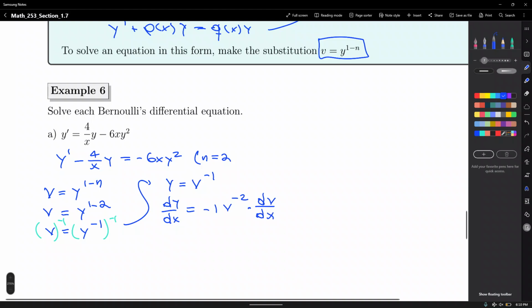So what do we do? Now let's do the substitution. For the substitutions, we're going to replace dy dx with what we just got over here. That's the y prime, isn't it? And I'm going to replace y with v to the negative 1 over here. All right, let's see what happens.